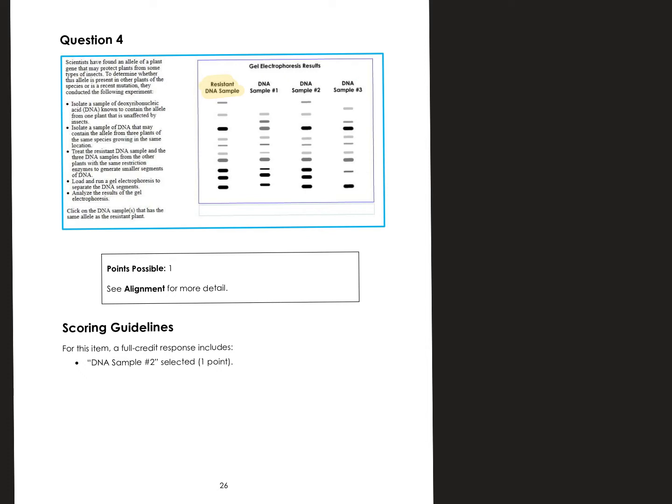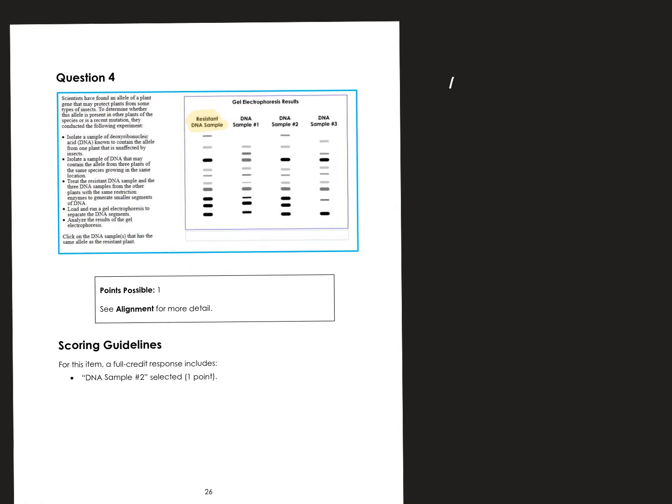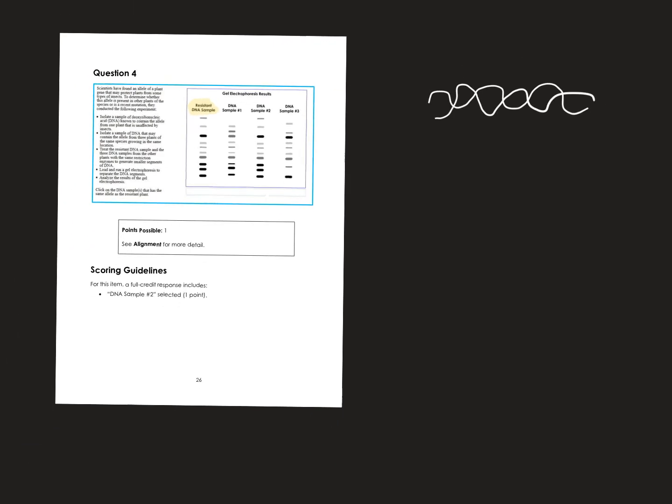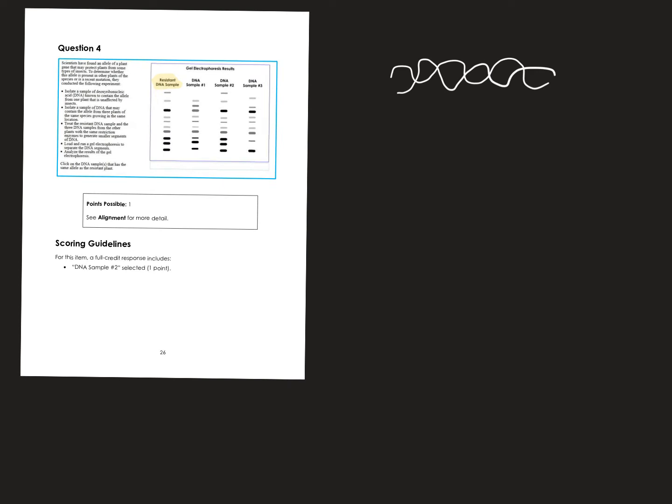So they're just taking DNA. Remember, DNA is very long. And restriction endonucleases or restriction enzymes are taken from bacteria, and we can use those to cut DNA up into different sized pieces depending on the sequence.